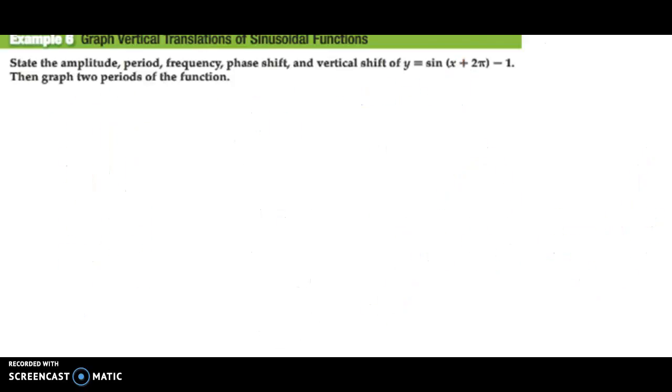Now the very last translation of a sine or cosine function is this part right here, -1. What it does is it moves our graph up or down, and that midline, which is normally 0 for sine, now becomes a different value. So if we look at this one right here, let's answer the questions they're asking first. Amplitude.